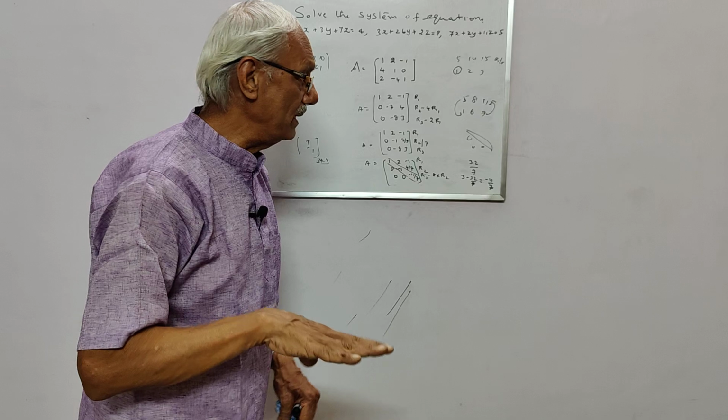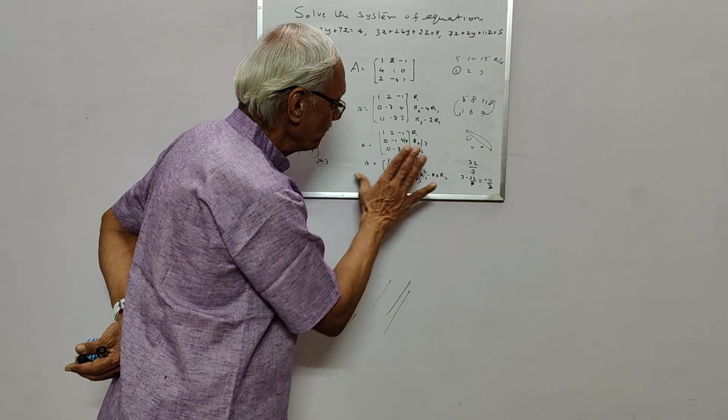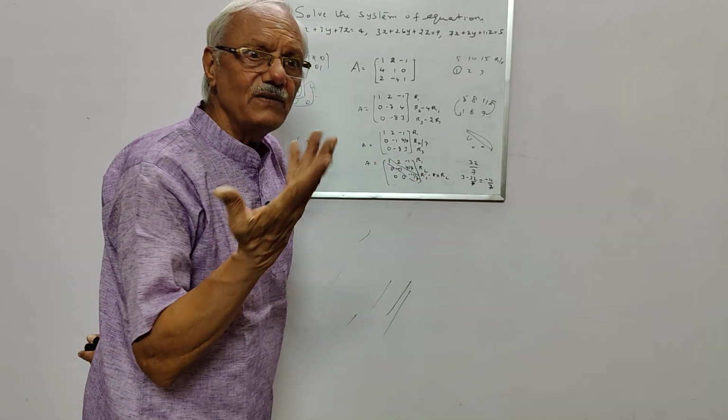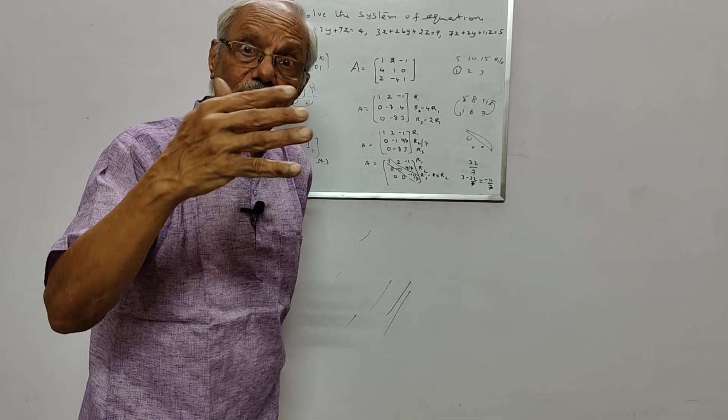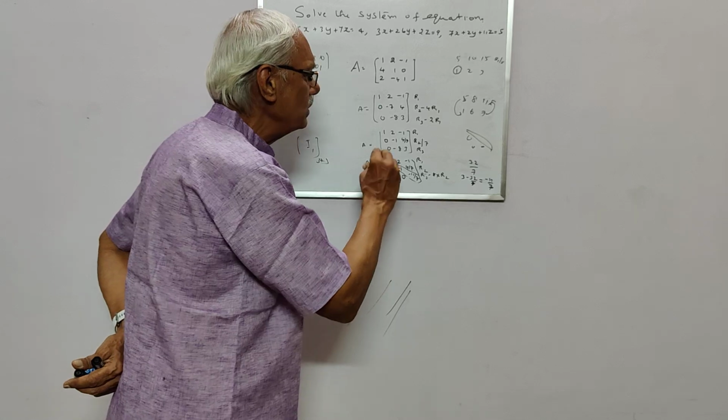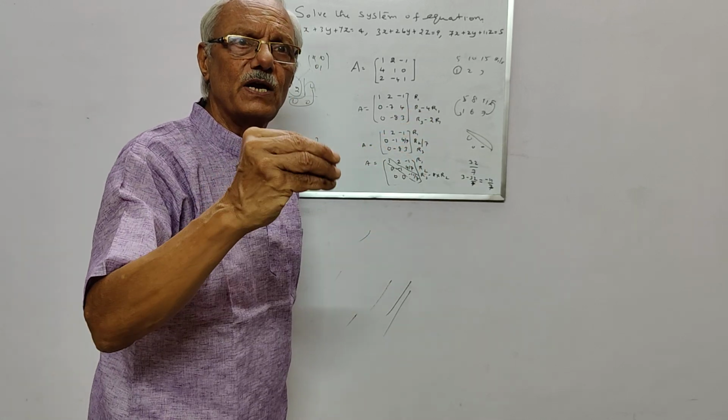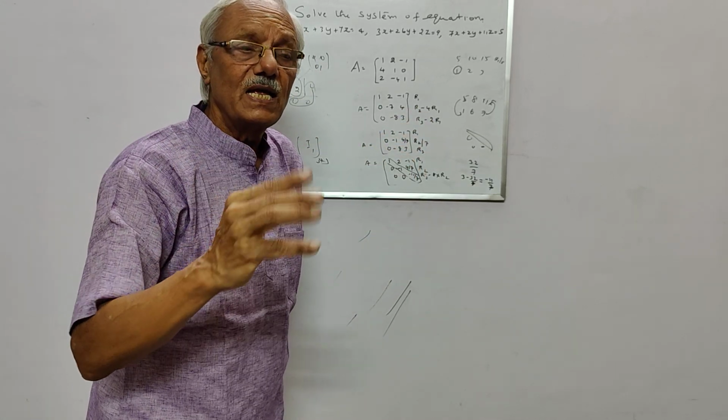I don't say no. But coming to this place, I will define the rank of a matrix in another way also. How do I define it? Do all these operations to get your upper triangular or lower triangular matrix.